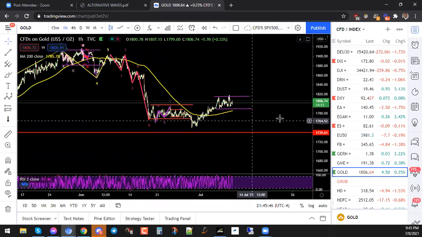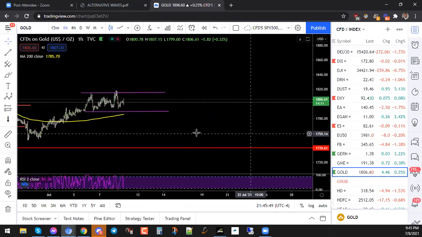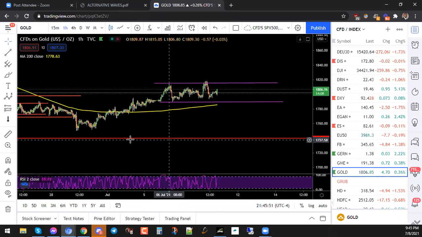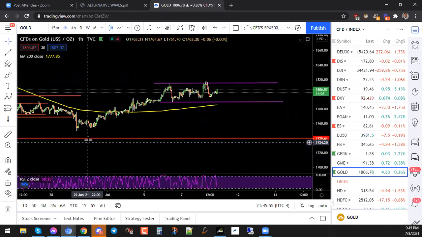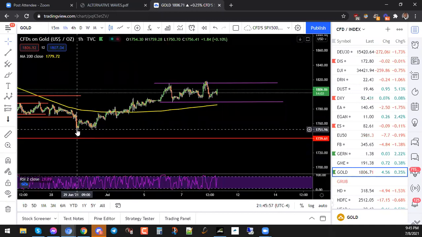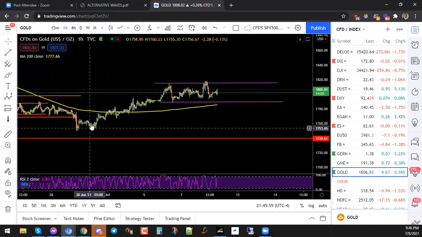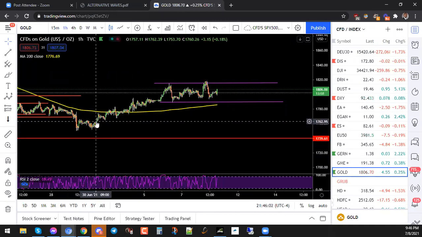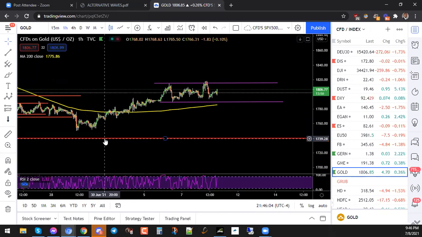And just to simplify everything here, let's see if it's possible for me to simplify this quickly. If this is 1, this is 2, this is 1, 2. 1, 2, 3, 4, 5.